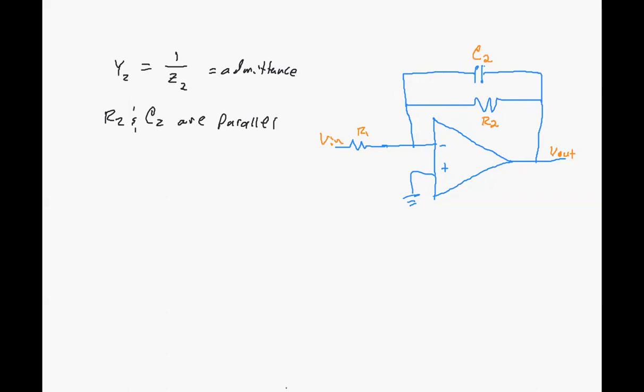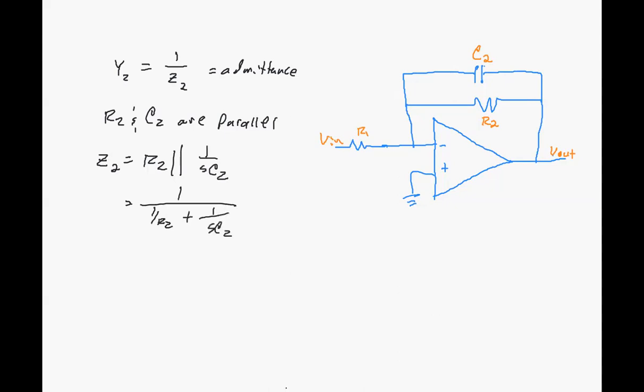So Z2 is equal to R2 in parallel with 1 over SC2, right? That's the impedance, 1 over SC2. And that would be equal to 1 over, R2 plus 1 over SC2.